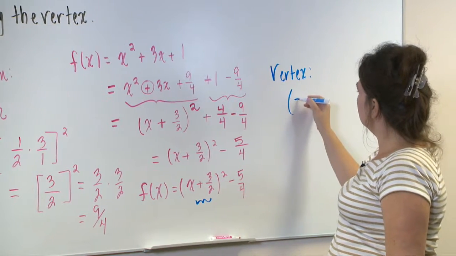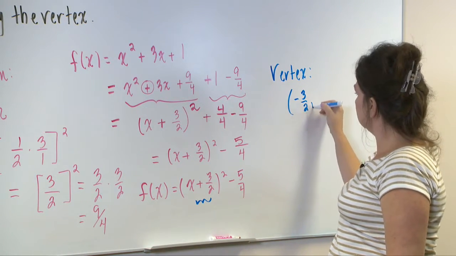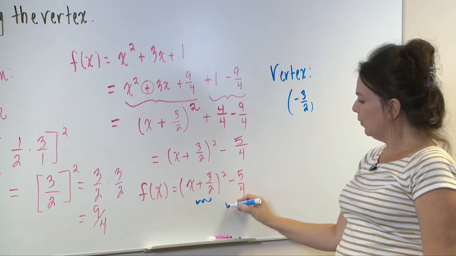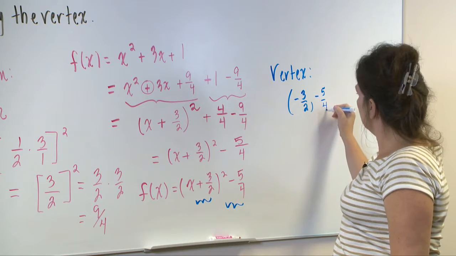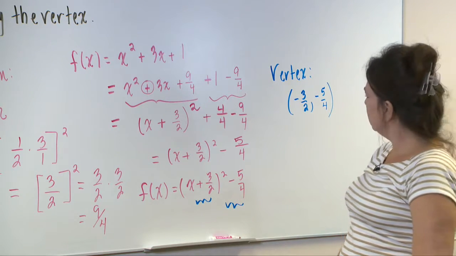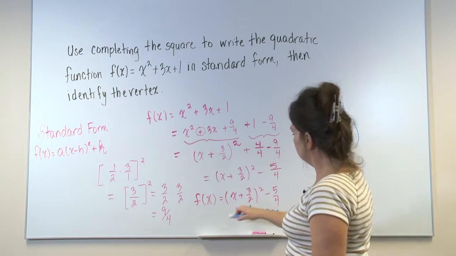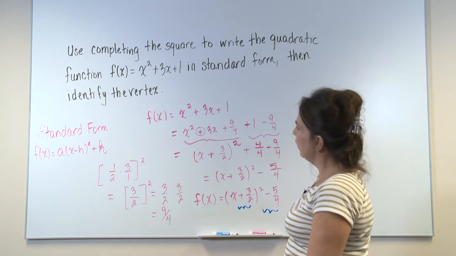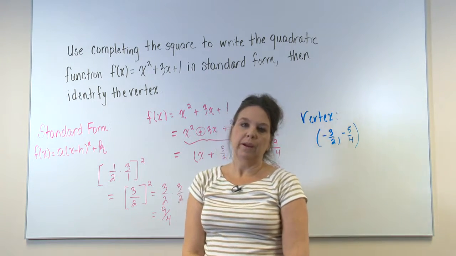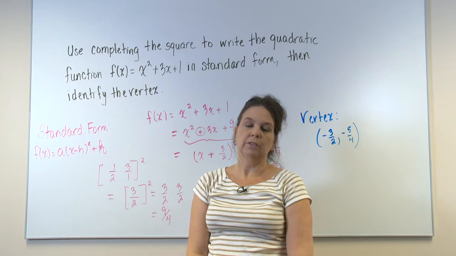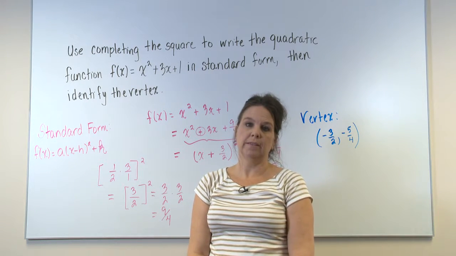So that is negative 3 halves, and exactly what we have here outside the function, minus 5/4. So the vertex is negative 3 halves, negative 5/4. And that's an example of rewriting a quadratic function using completing the square in standard form.